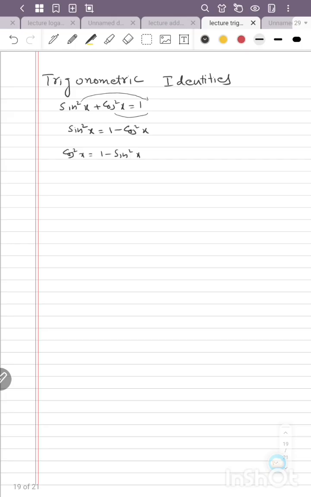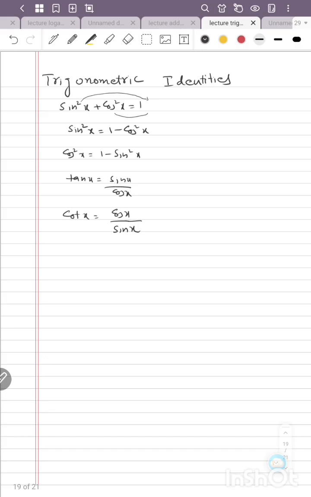Now next, we know that tan x equals sine x over cos x, and cot x is the reciprocal of tan, so we write cos x over sine x. Dear student, you have to understand this.